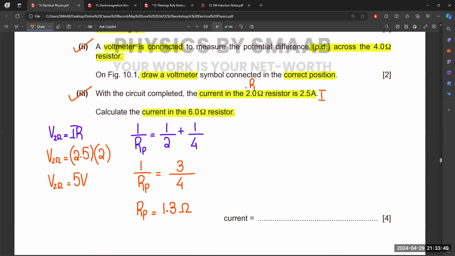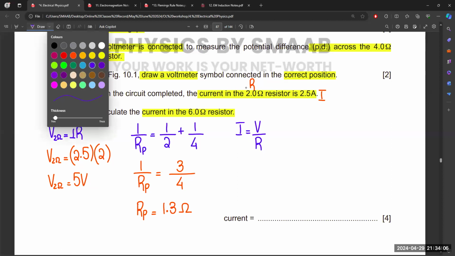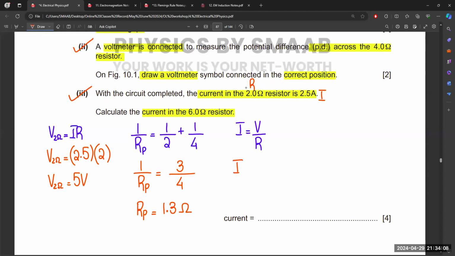Now we have the voltage also. So by using Ohm's law again, V is equal to IR, I is equal to V over R, which is 5 divided by 1.3, giving 3.8.